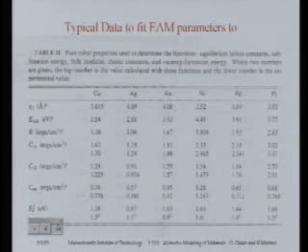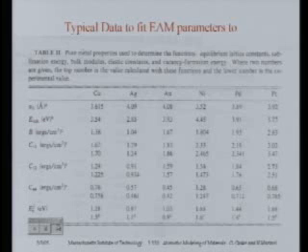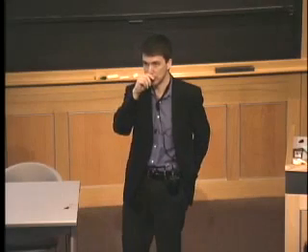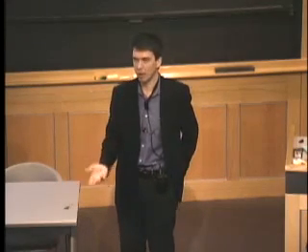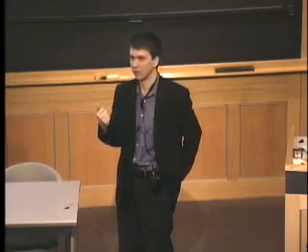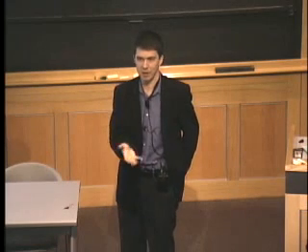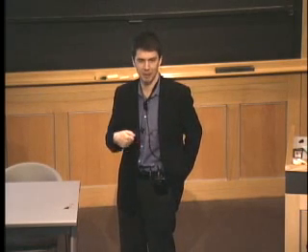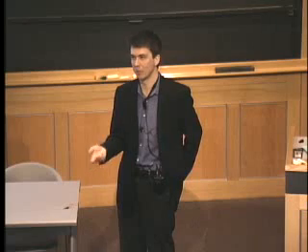Okay. You know, what do people fit to? People fit to anything, like I told you before. The original EAM potentials were fit to a standard set of data, which was lattice parameters, sublimation energy, elastic constants, and vacancy formation energies. Now you'll regularly see papers in the literature claiming, I have a better potential than you for aluminum, and I have a better potential than you for nickel, and some of that is true.